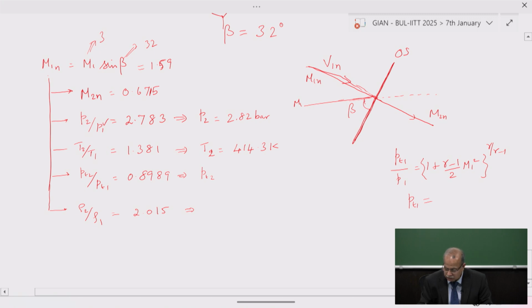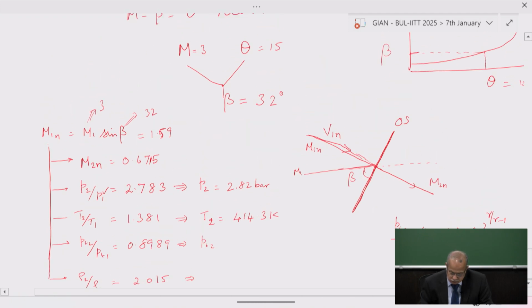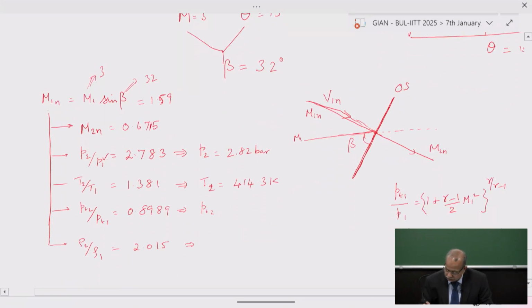What's the value for PT1? 37.09 kilopascal, okay, bar.